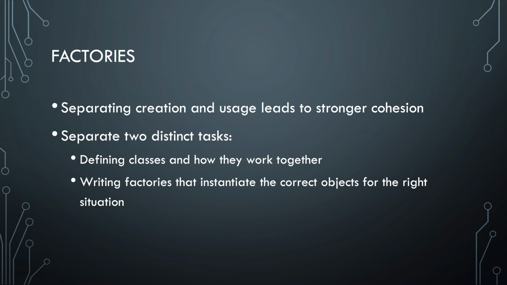What factories do is to separate object creation and usage. This leads to stronger cohesion, because methods have less responsibilities. In the case of the sales order example, we use the factory to create country-specific tax, language, and shipping rules, so that the order object no longer has to take care of this.